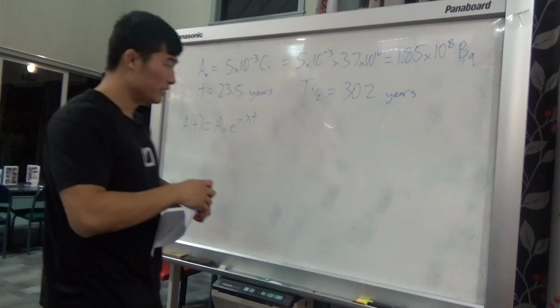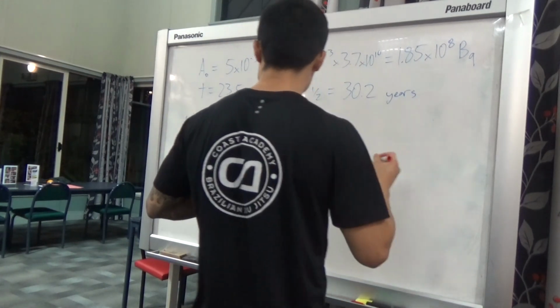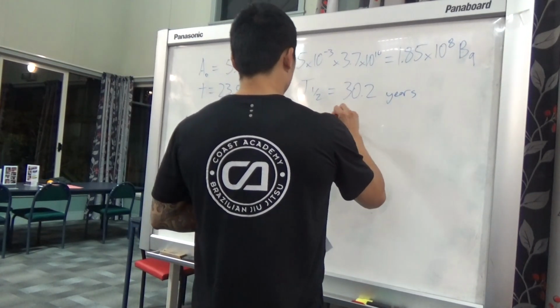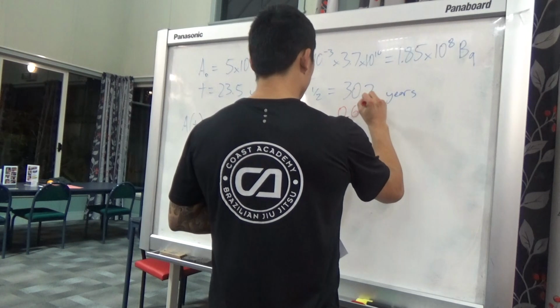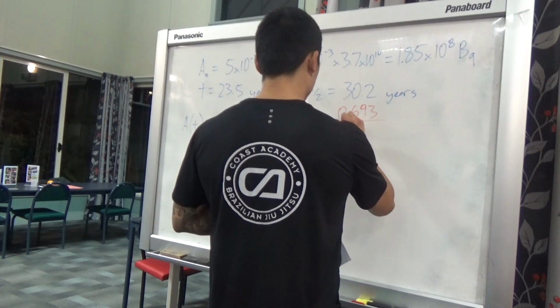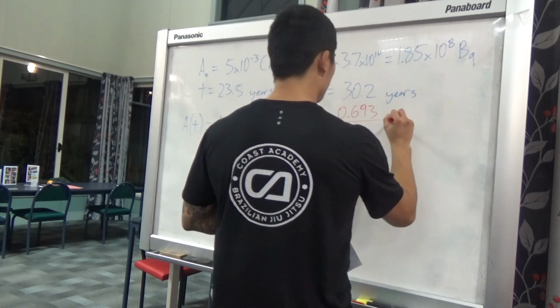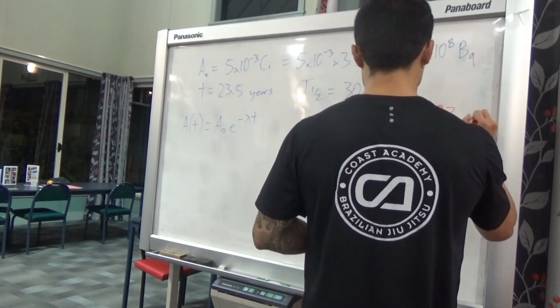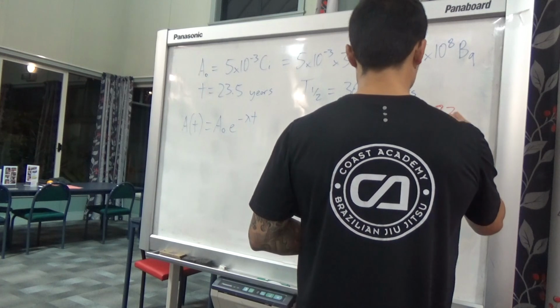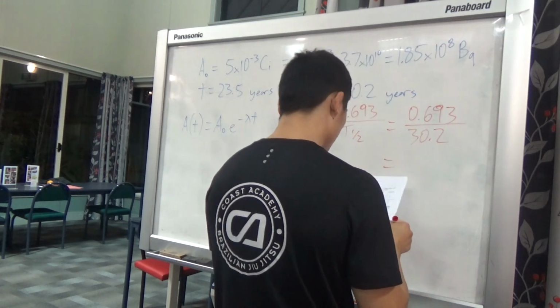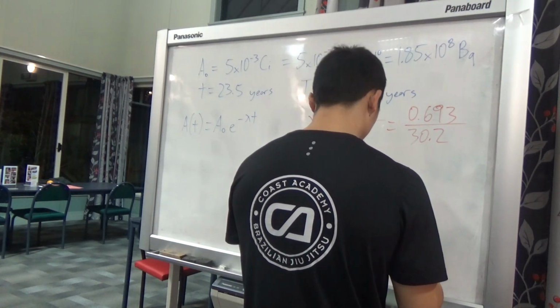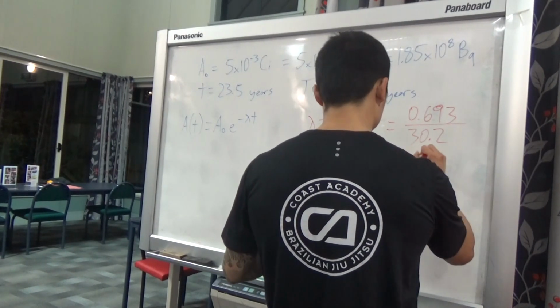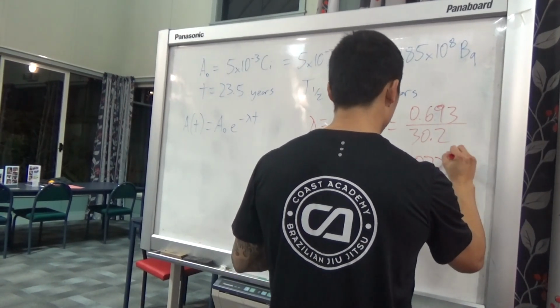So we need to find out what the decay constant is. Decay constant is equal to 0.693 divided by the half-life, which is 0.693 divided by 30.2, and that is 0.0229.